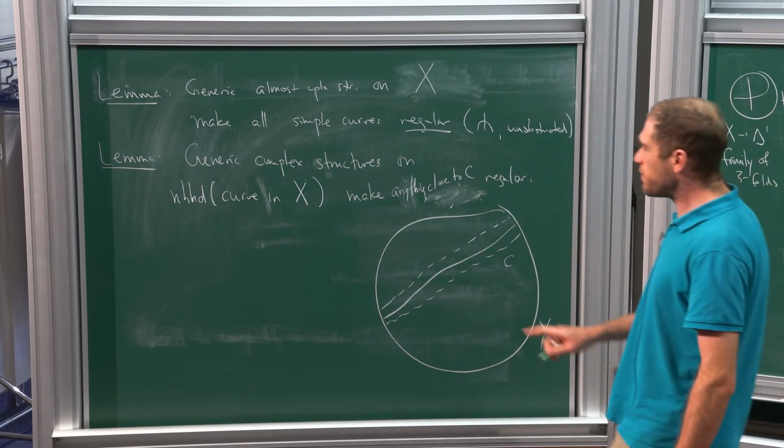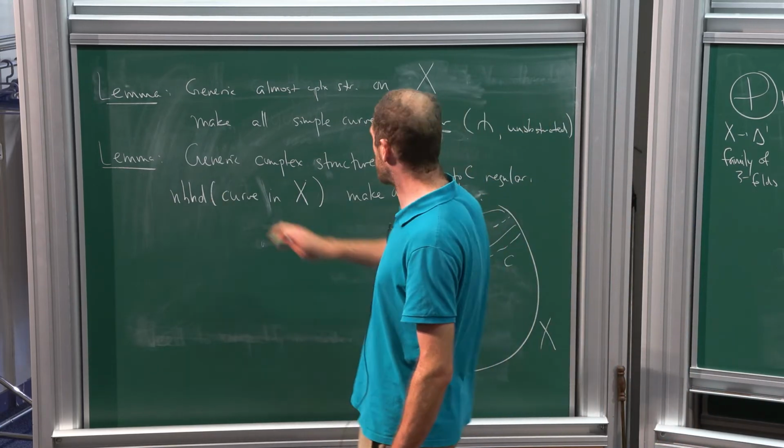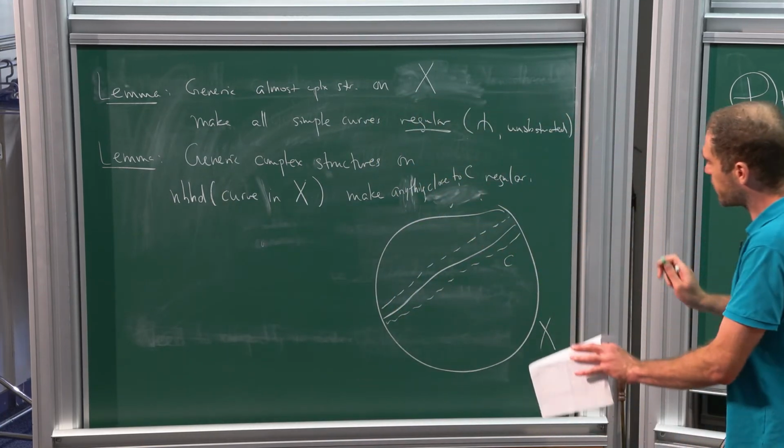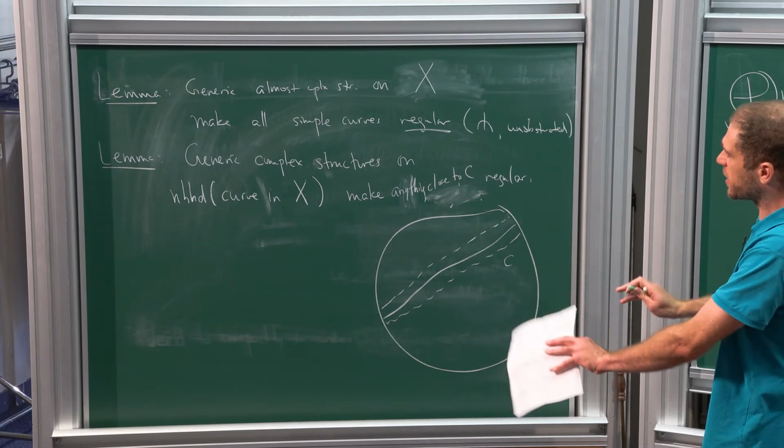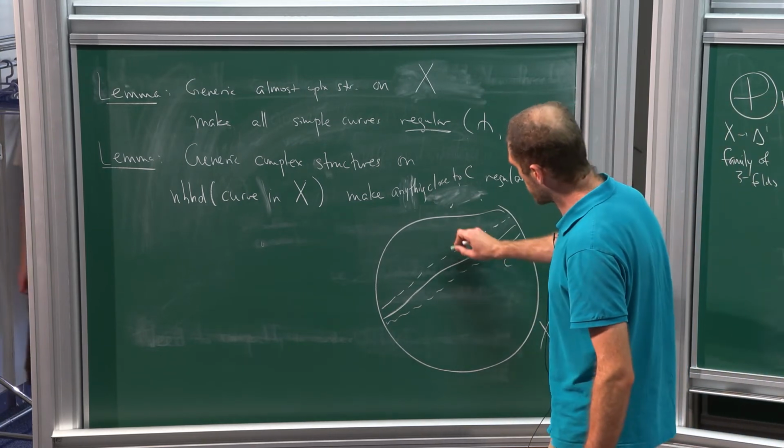Okay, it's a slight lie when I say generic. What I mean is there's a very precise sort of perturbation that I'm going to take. And the perturbation is the following.